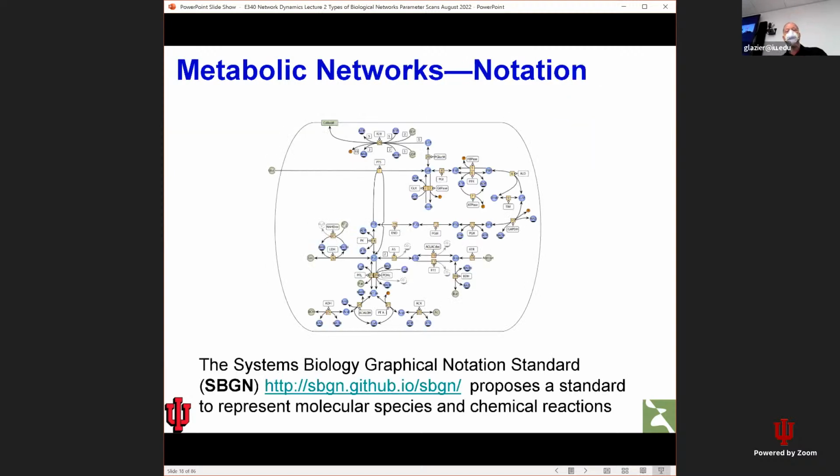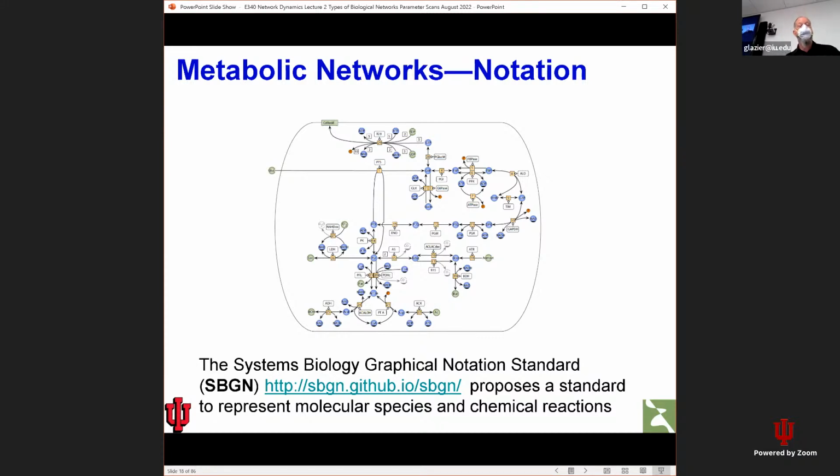There are too many standards for representing metabolic networks. As I mentioned, metabolic networks tend to have lots of components in and lots of components out. There is a standard called Systems Biology Graphical Notation, which tries to regularize the representation of these networks.